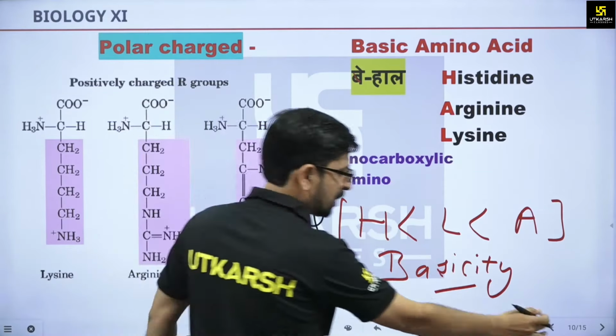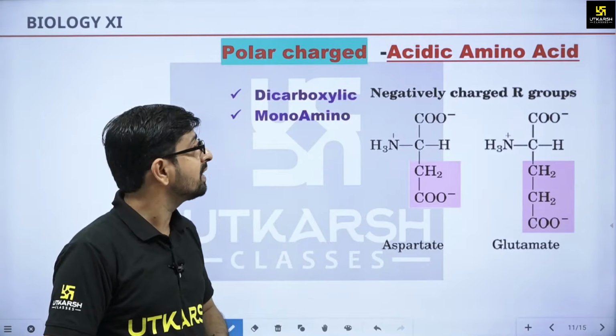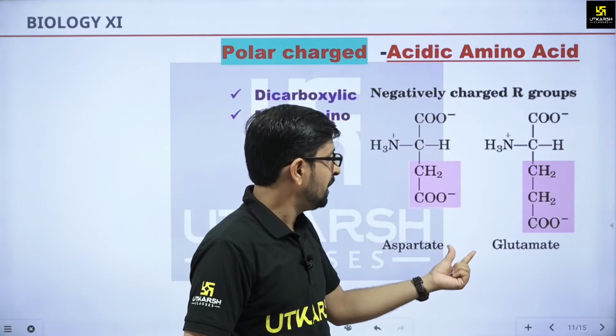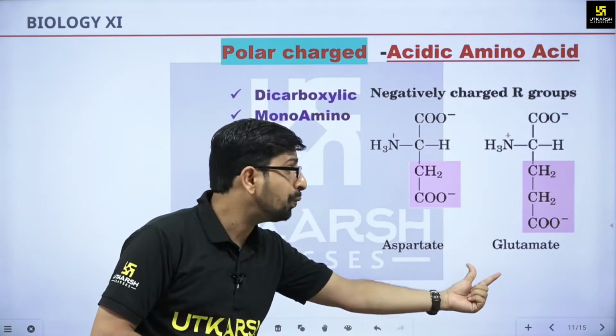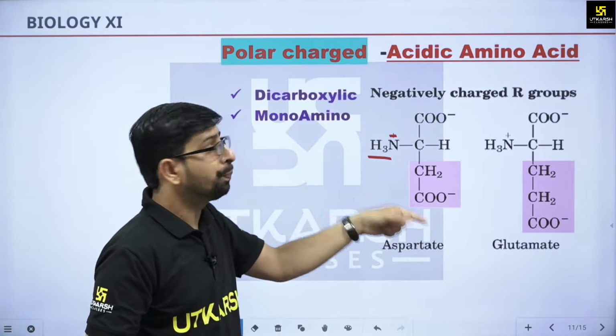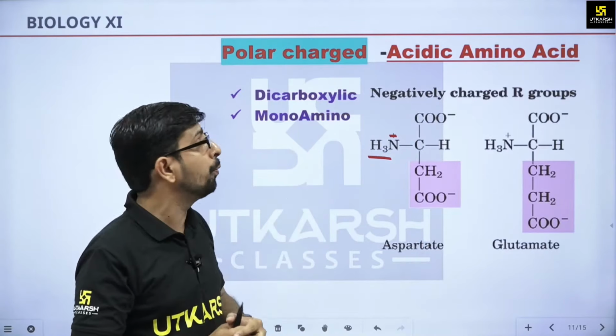Okay, next, acidic amino acids. Clear? This is the picture of aspartate and glutamate amino acids. NH3 single, COO minus double. That means dicarboxylic group and single amino group.